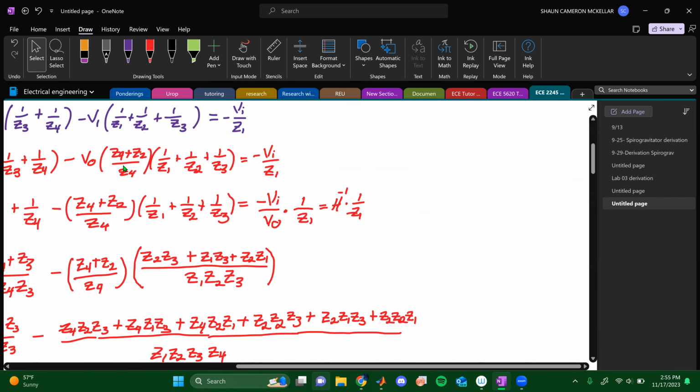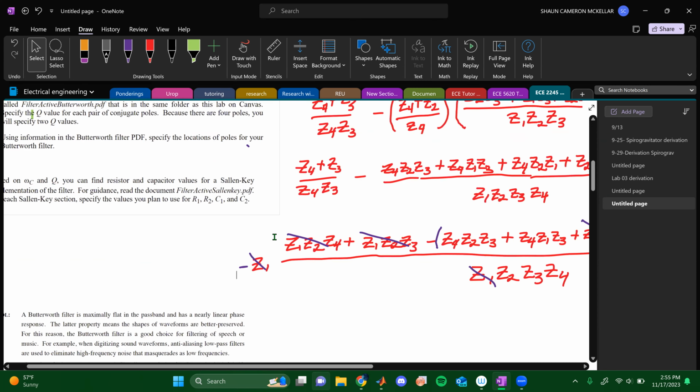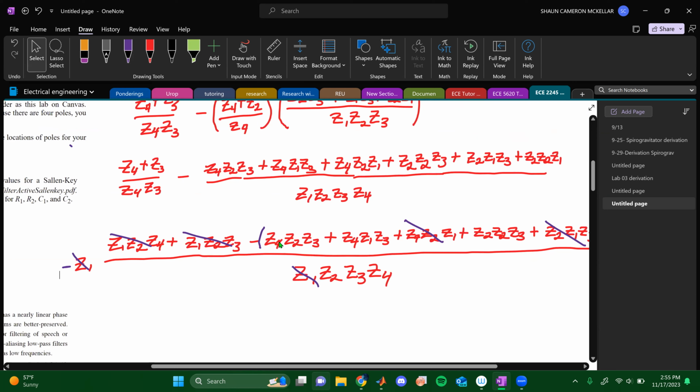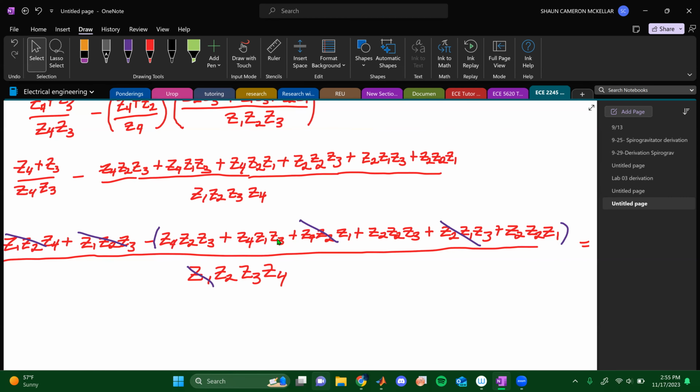Well, the reason why I'm saying that, my motivation is because I want to get to this circuit. So I see that the numerator will have a Z3, Z4, and we're looking at H inverse. So I have a Z3, Z4 right here, but I guess that means that my denominator, the Z2 term, has got to go.